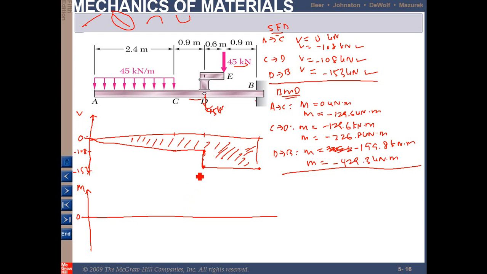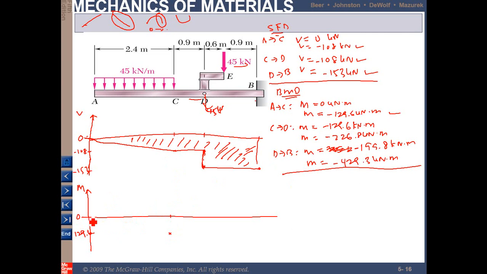But because it is negative, it is definitely starting from 0 to become negative. So it is like this. From 0, it goes down to 129.6 kilonewton meter. So point C is here.